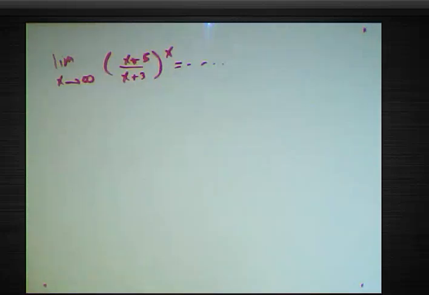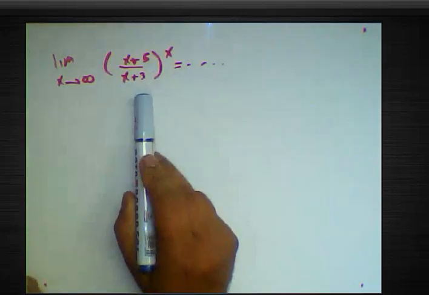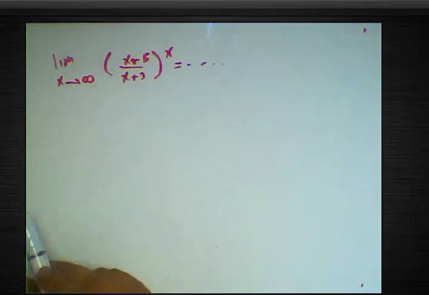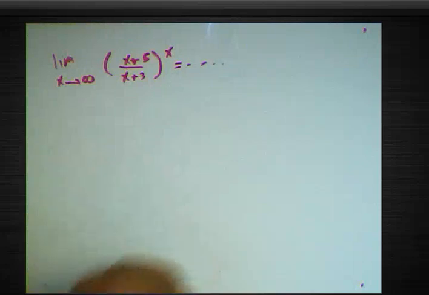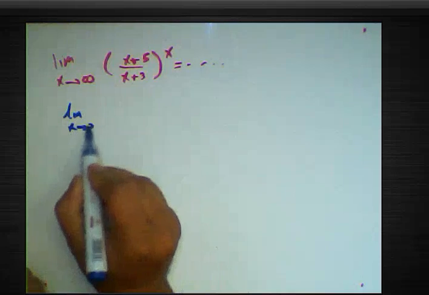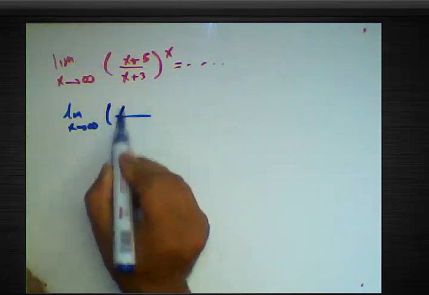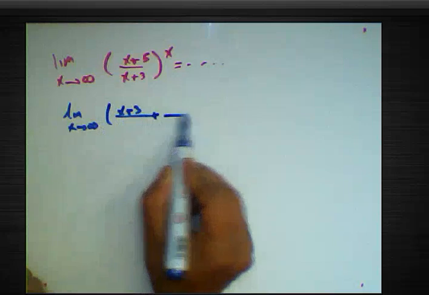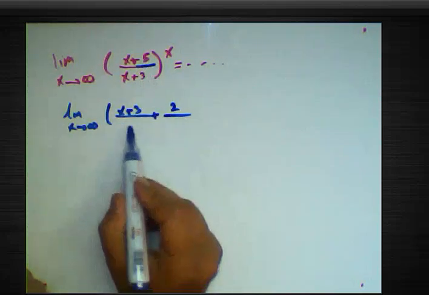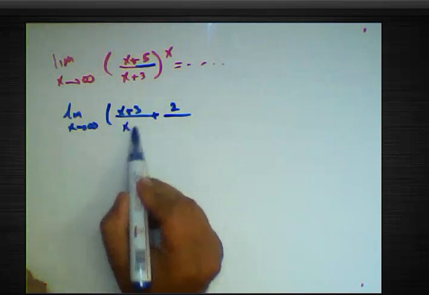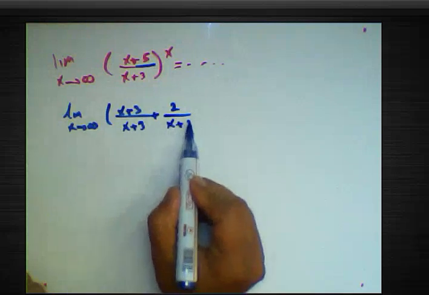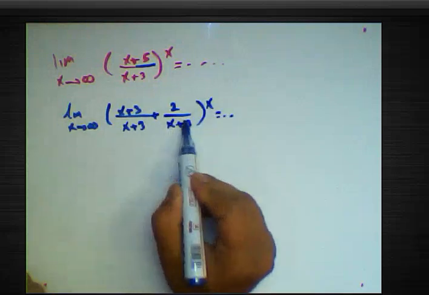Look at this example: the limit of ((x + 5)/(x + 3))^x when x approaches infinity. We can solve this example by two methods. I will solve the first method by writing the limit when x approaches infinity. Write x + 3 and 2 here: I will convert 5 to be 3 + 2, divided by x + 3 in the denominator, and 2 divided by x + 3, all to the power x.